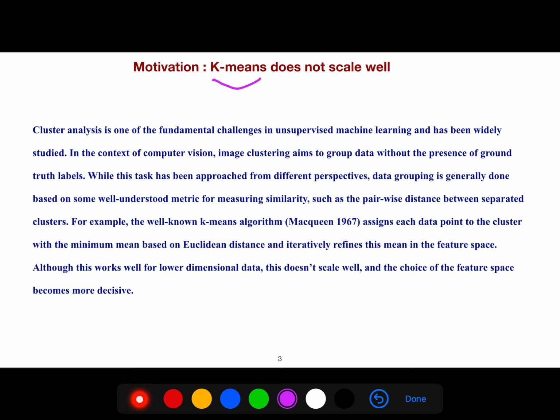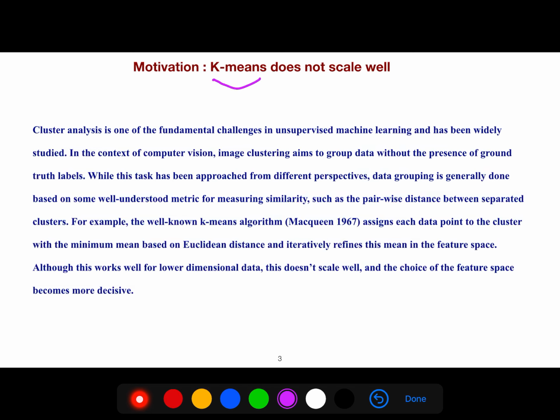Cluster analysis is one of the fundamental challenges in unsupervised machine learning and has been widely studied. In the context of computer vision, image clustering aims to group data without the presence of ground truth labels. While this task has been approached from different perspectives, data grouping is generally done based on some well-understood metric for measuring similarity, such as a pairwise distance metric or distance between separated clusters.